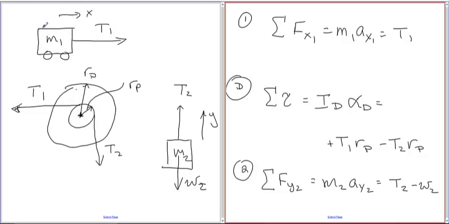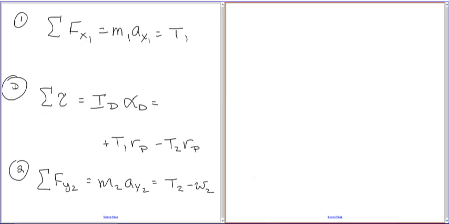So you can see here, this cart moves in the positive x direction. Because these are connected by a string, this positive x is going to give you negative y. So what that means is that a_x1 is equal to negative a_y2. So positive acceleration for x1 is going to give you negative acceleration for y2.